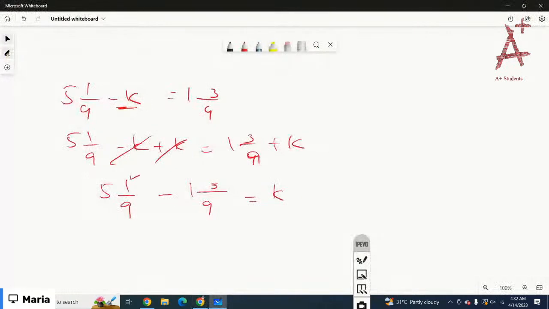So you can see you cannot subtract a higher number, 1 minus 3. So I'm going to divide this.